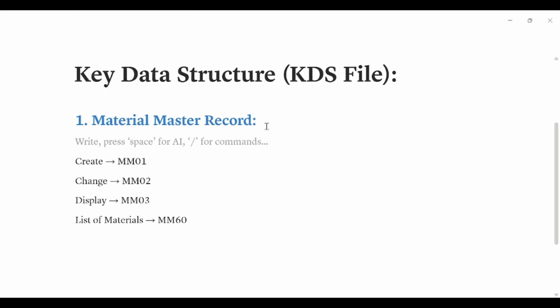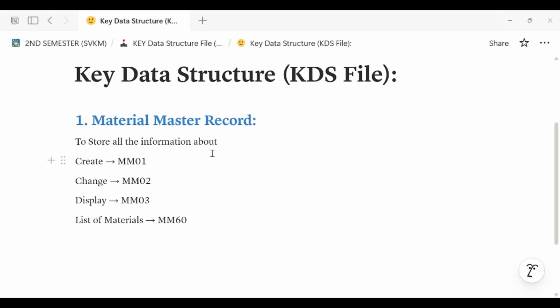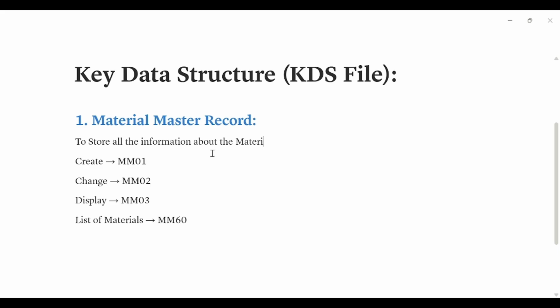So these are the T codes. Why do we use the material master record? To store all the information about the material in the SAP system.